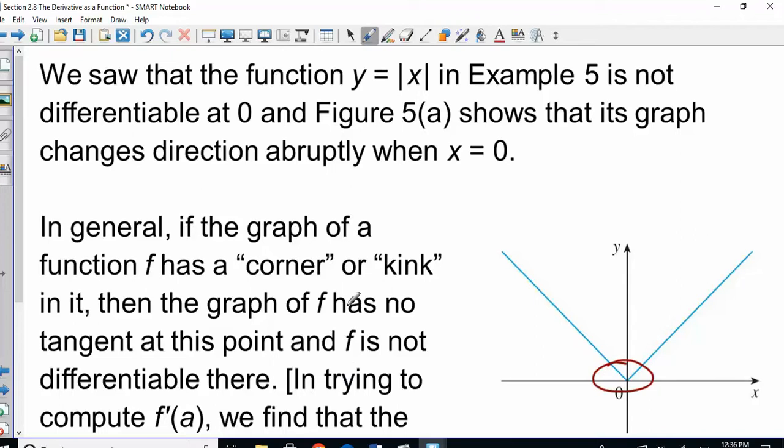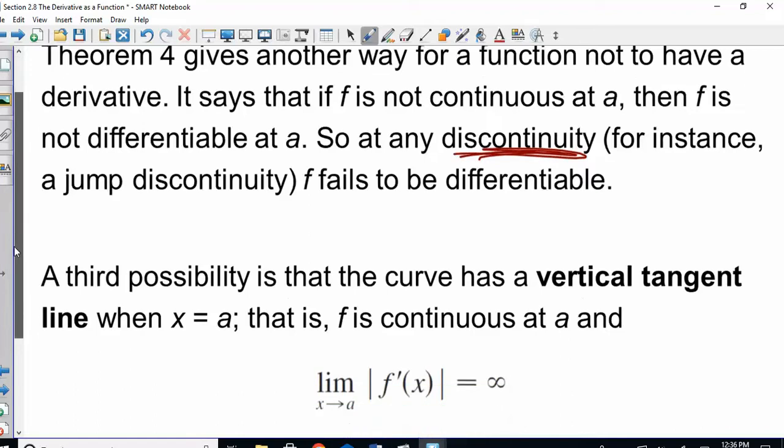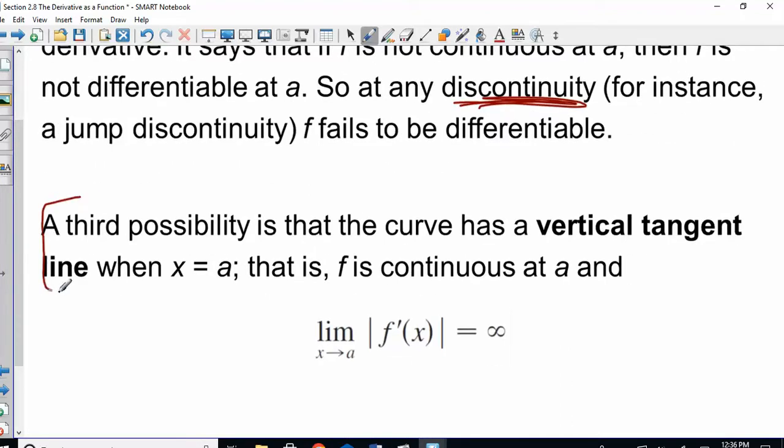So the first one is the corner. A corner doesn't have a tangent, so there's no derivative. We also just said if we have a discontinuity, then it's not differentiable. So corners, discontinuities.